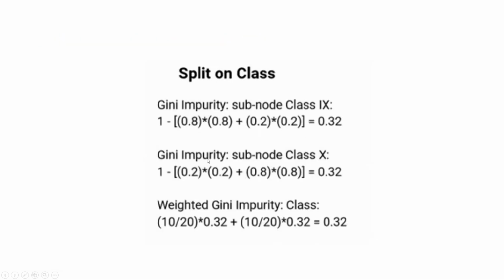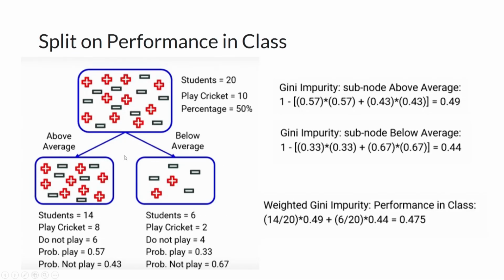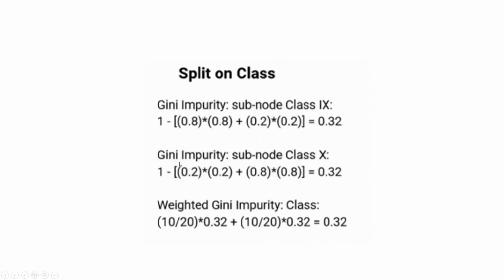In the same way we can calculate Gini impurity for another attribute, that was the class attribute, in which we had two values, class 9th and class 10th, and then we can compare for which attribute we have less Gini impurity.